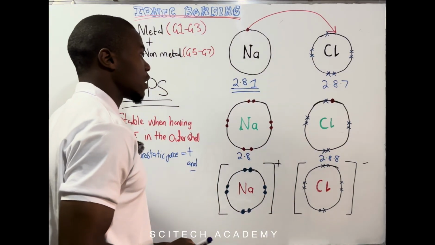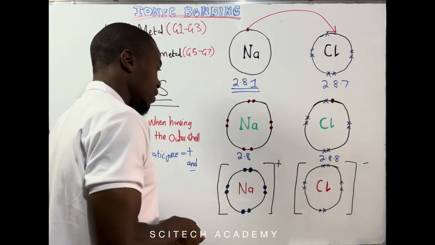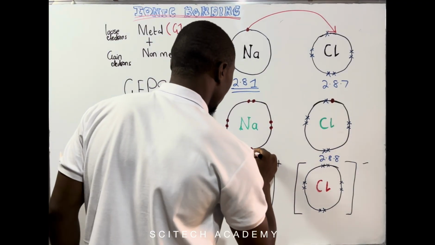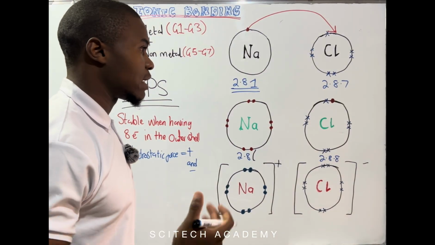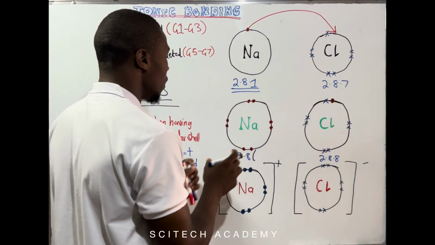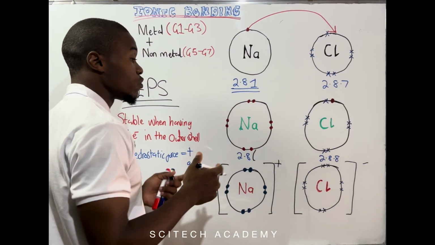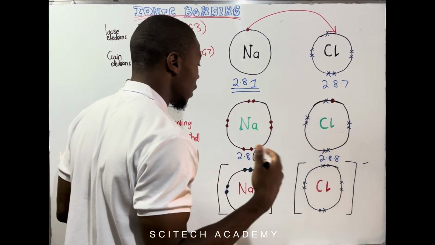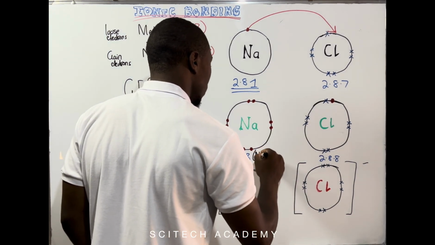The other most important thing: when a sodium atom loses electrons, it immediately assumes the electronic configuration of the noble gas in the previous period. For example, sodium is in period 3, so it assumes the electronic structure of the noble gas in period 2, which is neon.